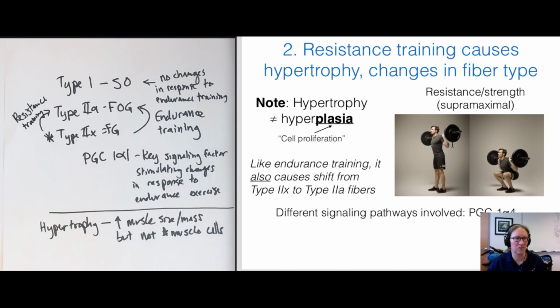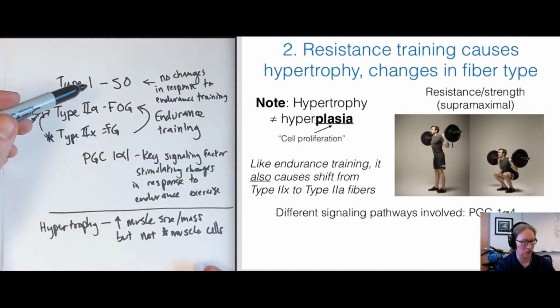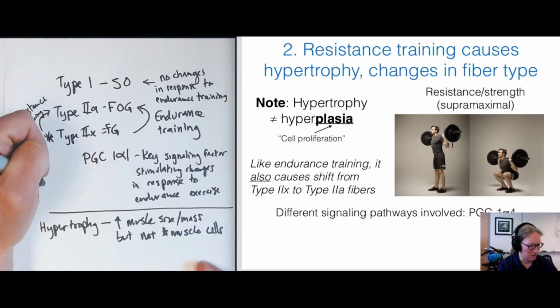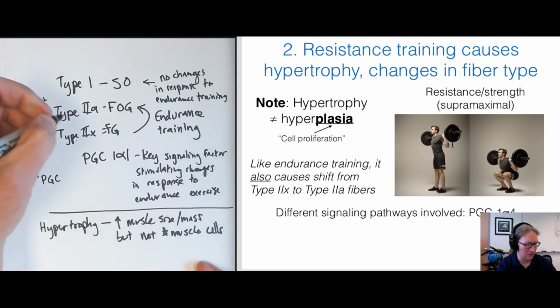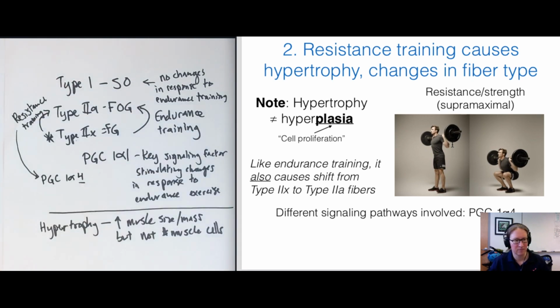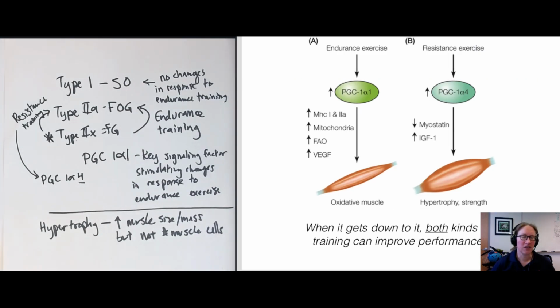However, for resistance training, the signaling pathway that is involved is different than the signaling pathway that stimulates this shift during endurance training. So for resistance training, the major signaling factor that's involved is a slightly different PGC1-alpha-4, okay?